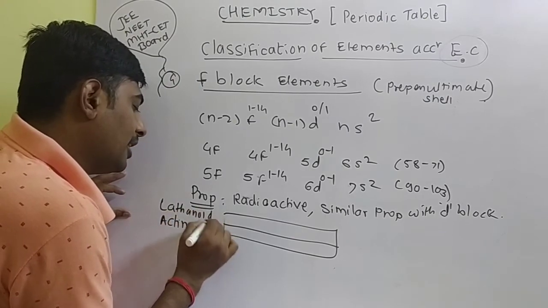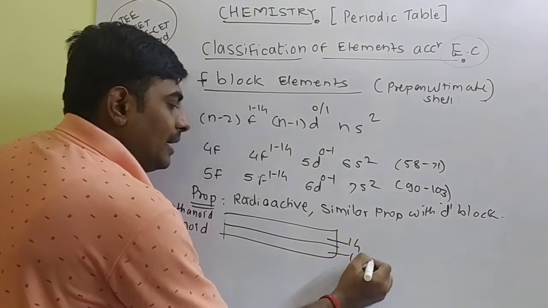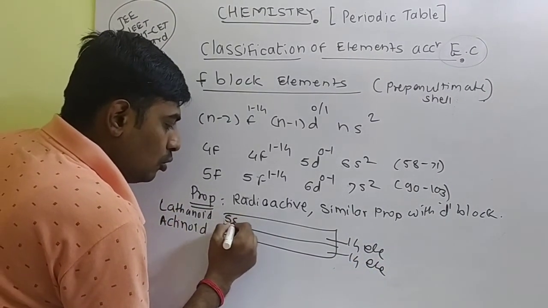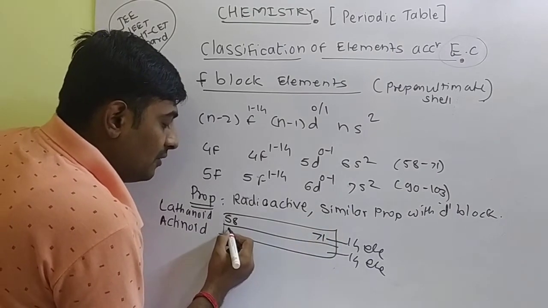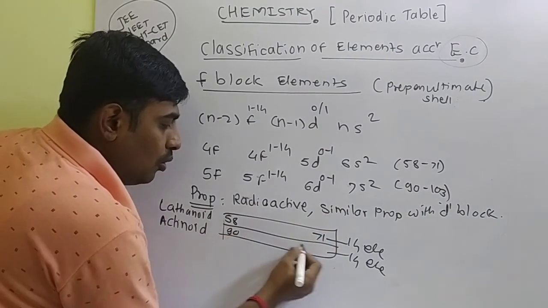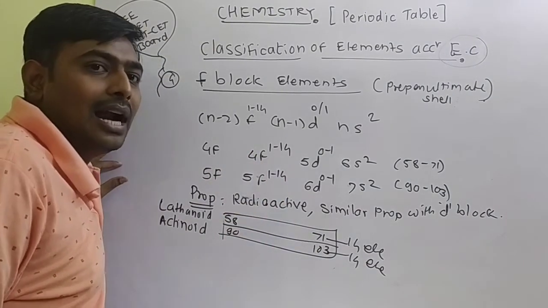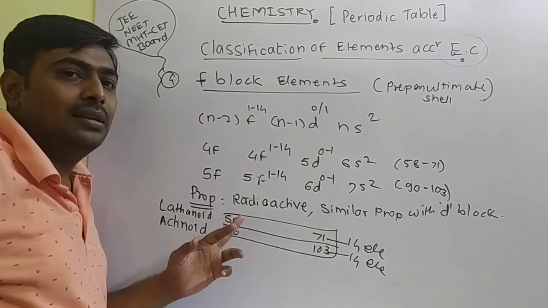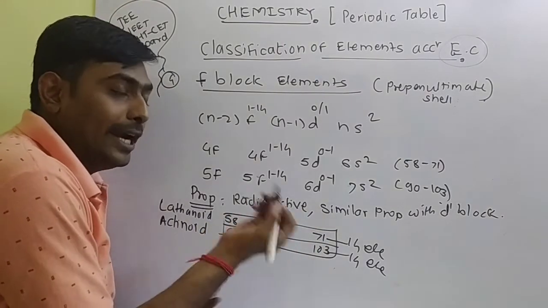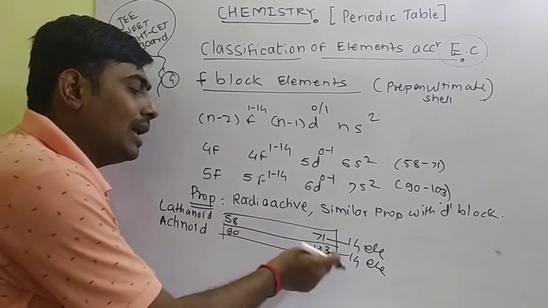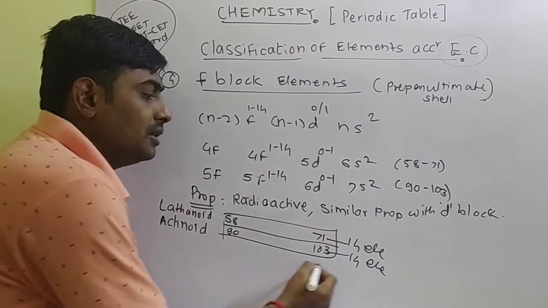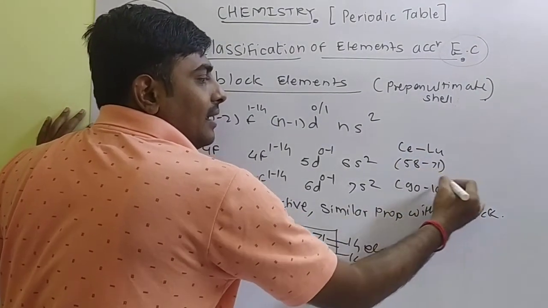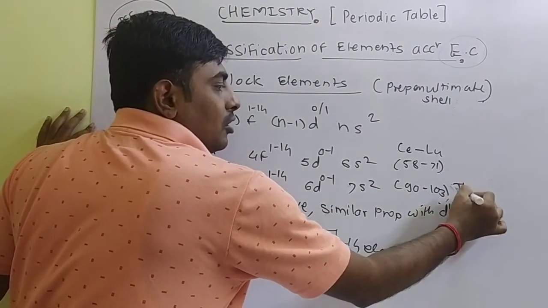The lanthanide series and actinide series contain 14 and 14 elements, with atomic numbers 58 to 71 for the lanthanide series and 90 to 103 for the actinide series. So 58 is cerium and the last one is lutetium, cerium to lutetium, and 90 is thorium and the last one is lawrencium.